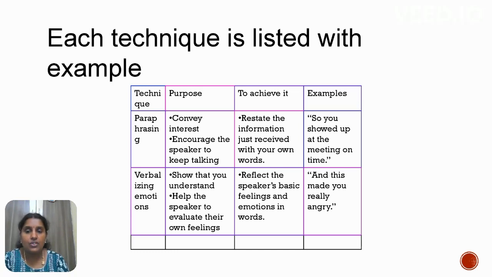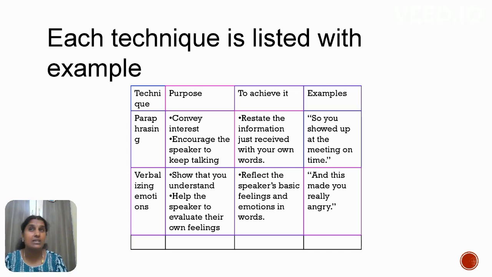Next comes verbalizing emotions. Verbalizing emotions also plays a very prominent role in the techniques of active listening, which shows that you understand what the speaker is talking about, and also helps the speaker to evaluate their own feelings. To achieve it, you should reflect the speaker's basic feelings and emotions in words.